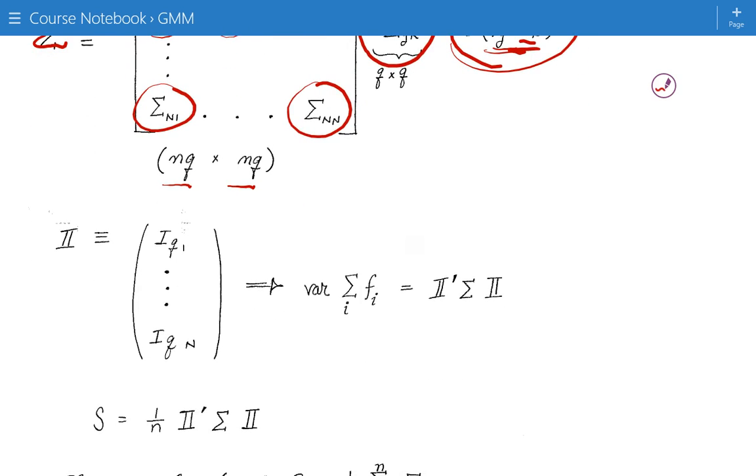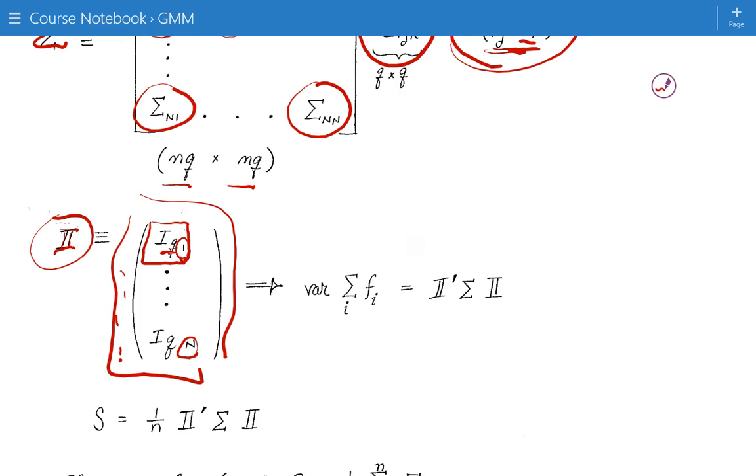If we set up a matrix, I guess I'll call it a double-I matrix, it is essentially taking an identity matrix, diagonal ones, for each of the q-size blocks for each of the observations 1 to n, and stacking them into this kind of big matrix.